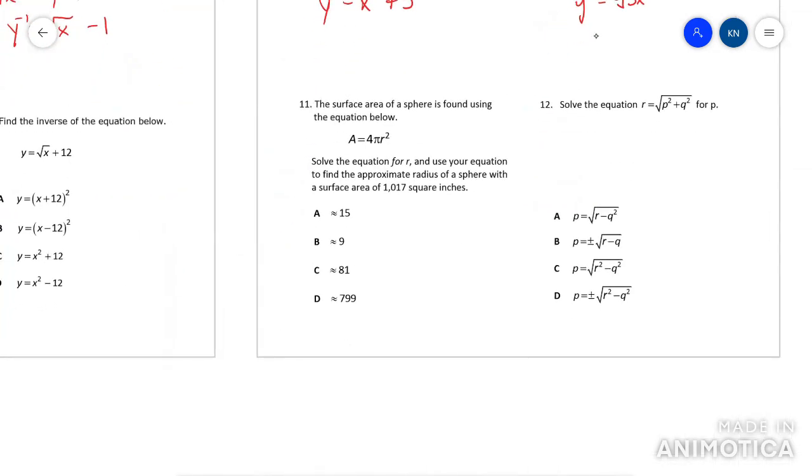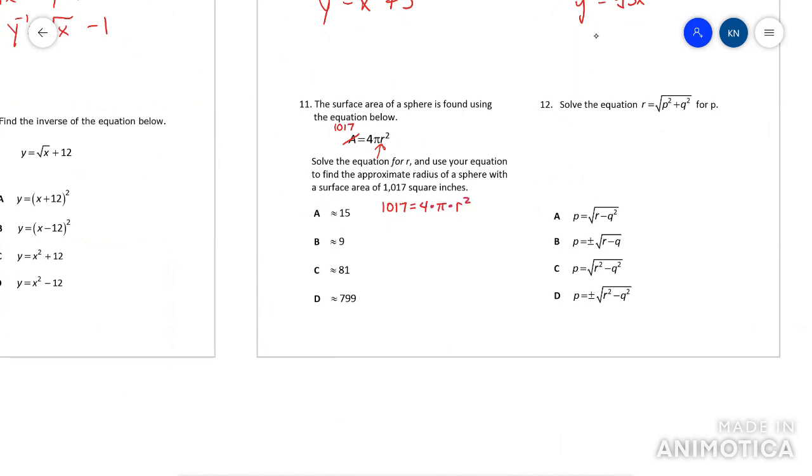Okay, now this number 11, they're giving you the equation for surface area of a sphere, and they want you to solve for r. So they tell you the surface area is 1017. So you basically have 1017 equals 4 times pi times r squared.